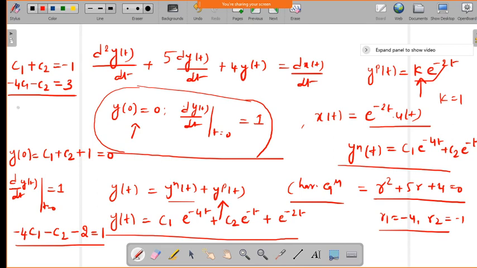So, now solve for C1 and C2. What is C1 and what is C2? So, is it C1 minus 2 by 3? Hello, are you getting?